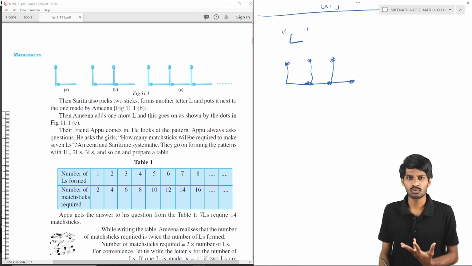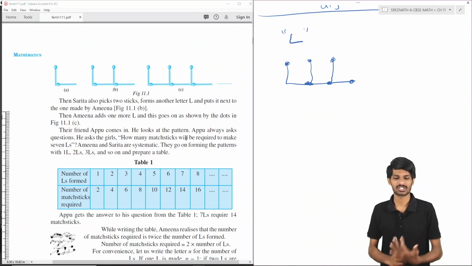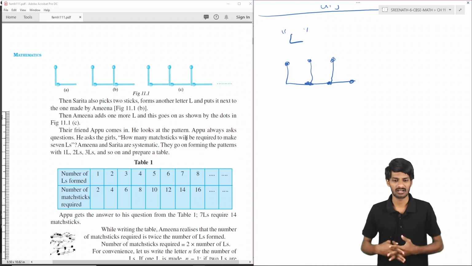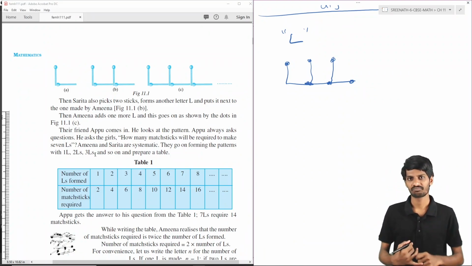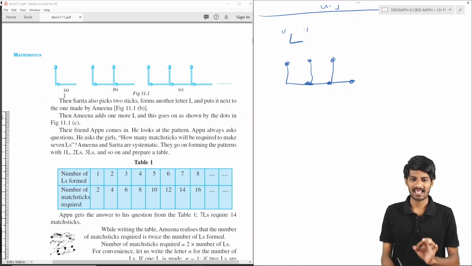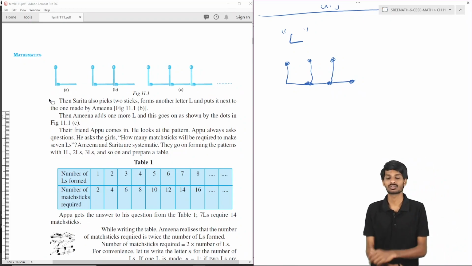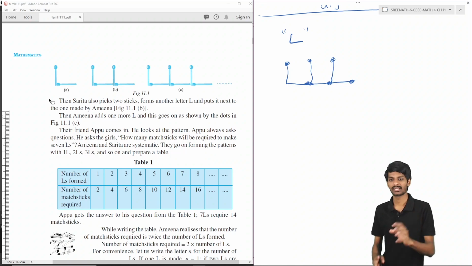Appu's nature is that she always questions. She asks the girls, how many matchsticks will be required to make 7 L's? She has seen there is 1 L, 2 L's, 3 L's, and so on, arranged like that.